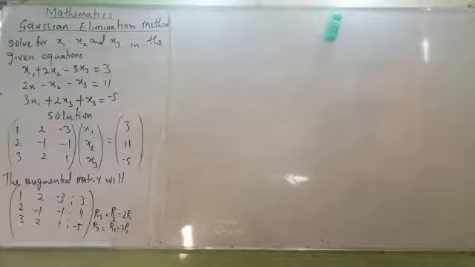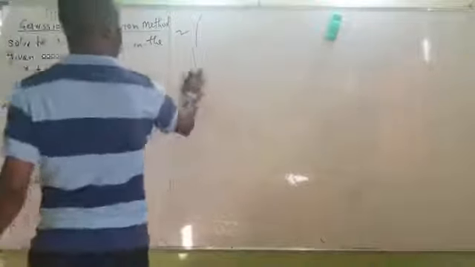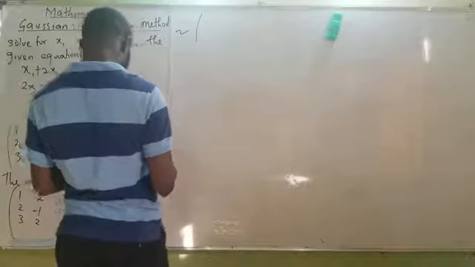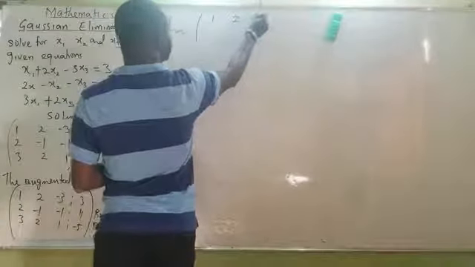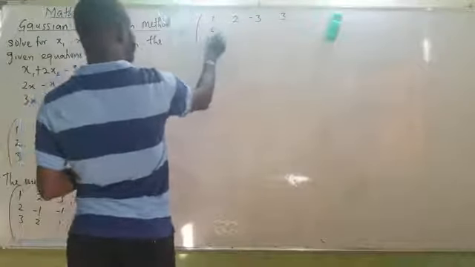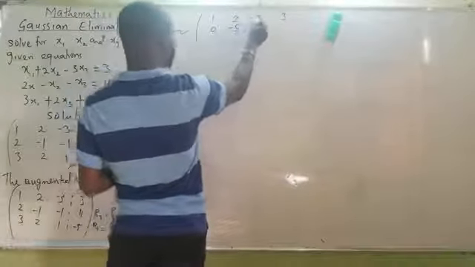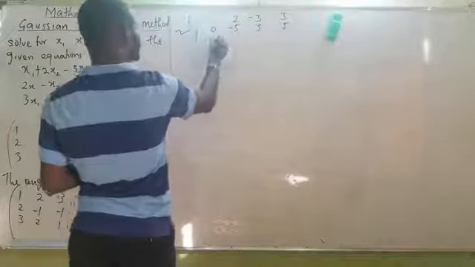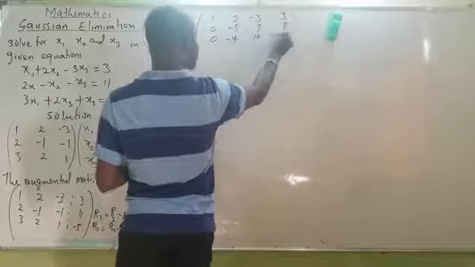By so doing, I'll be having 1, 2, minus 3, and 3. And also, I'll be having 0, minus 5, 5, and 5. Now, 0, minus 4, 10, and minus 14.